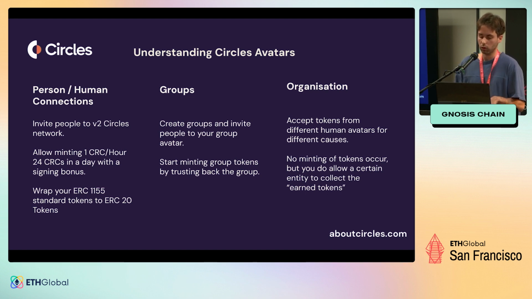And there is also a function to create a group. To create a group, you don't need an invitation. You can do it by yourself with the register group function, and you can make your own implementation using the SDK, or you can also use our application to create and manage groups. So basically, a group will have a name, a description, a symbol, and then you can add and remove people from this group.